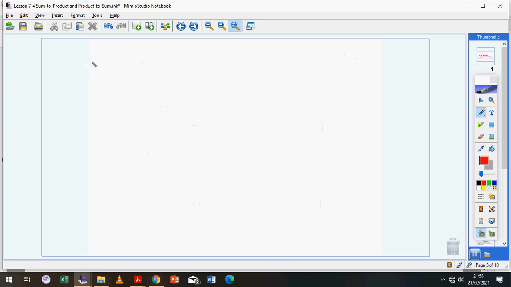You guys remember, if you check your note card, that sine of alpha plus beta is, if expanded, sine alpha cosine beta plus cosine alpha sine beta. And you also remember that sine of alpha minus beta, if expanded, gives you sine alpha cosine beta minus cosine alpha sine beta.